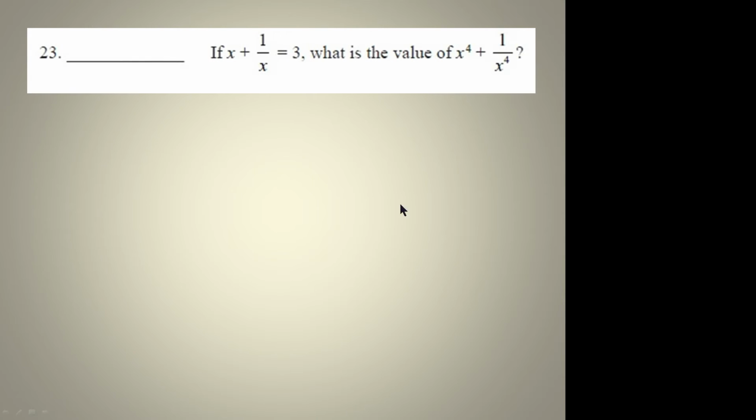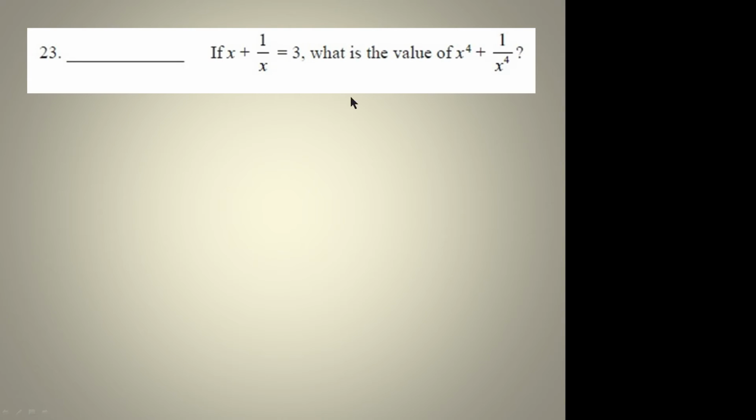Instead, it's a squared plus 2ab plus b squared. So remember that. We need to be careful here. You might get the answer if you take the fourth power of both sides, but when you simplify the fourth power of this, it's not just simply this. So that's the key here.